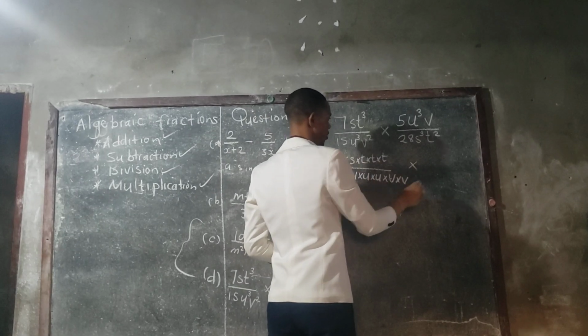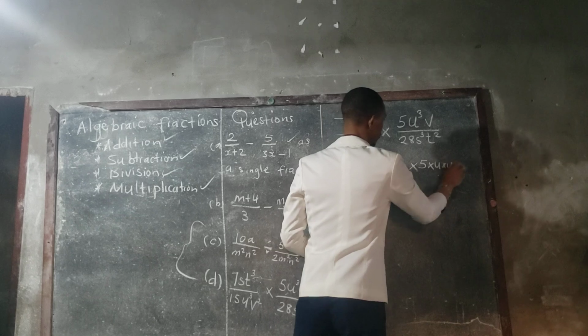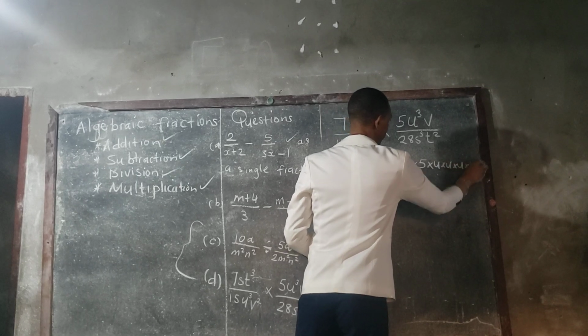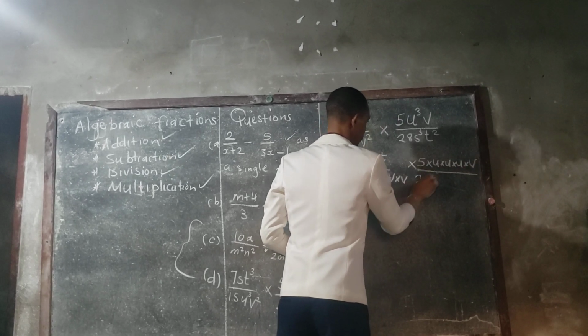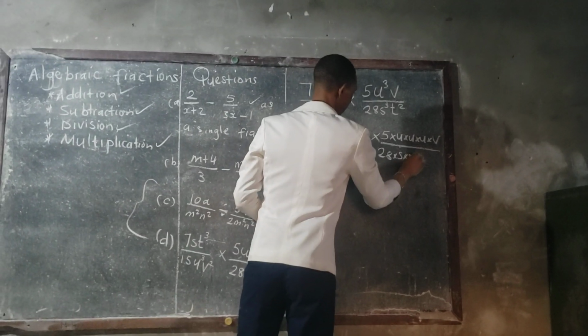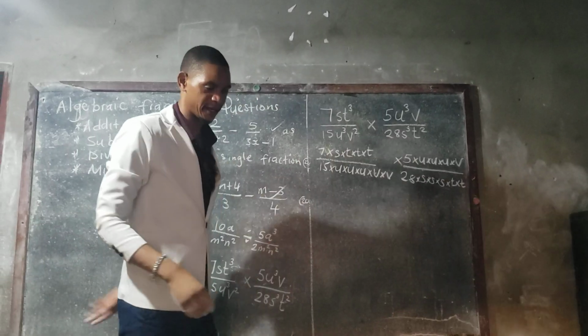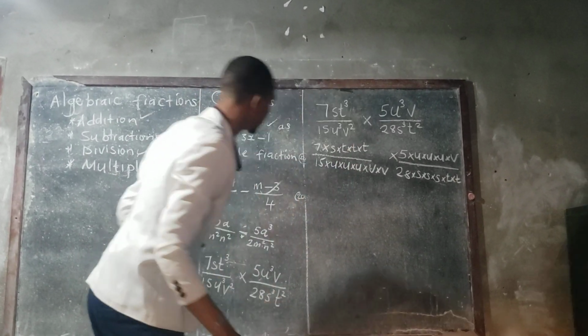You bring your multiplication sign, then expand there on top, times u times u times u times v over 28 times s times s times s times t times t. So I have expanded. Now I begin to divide.